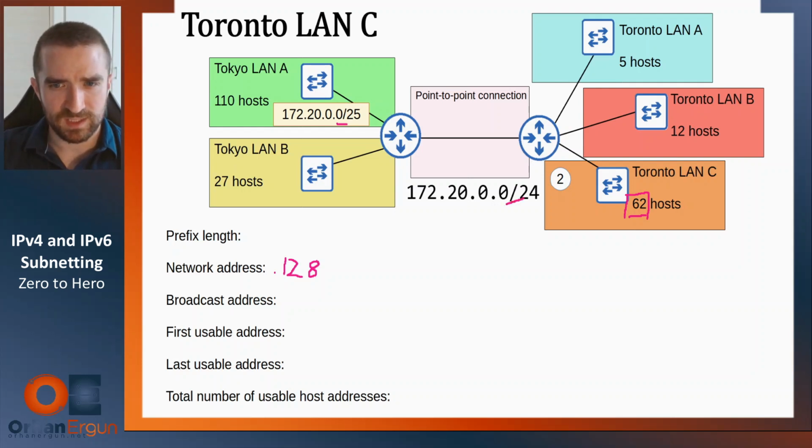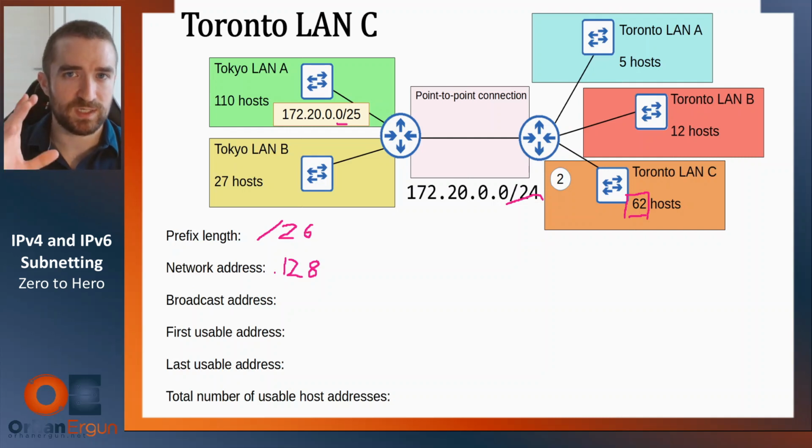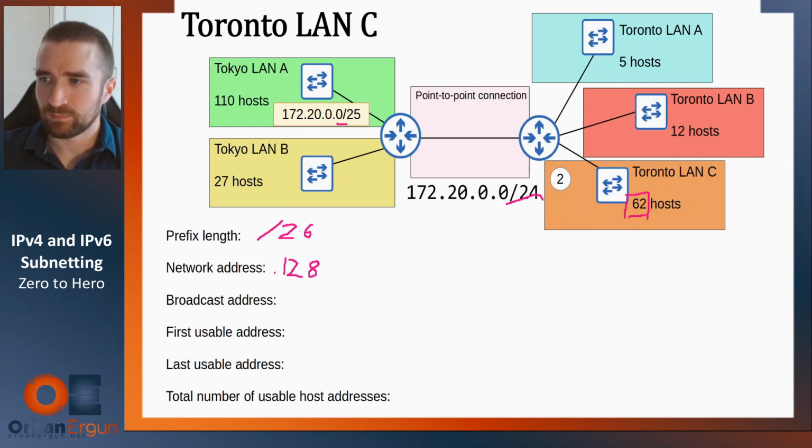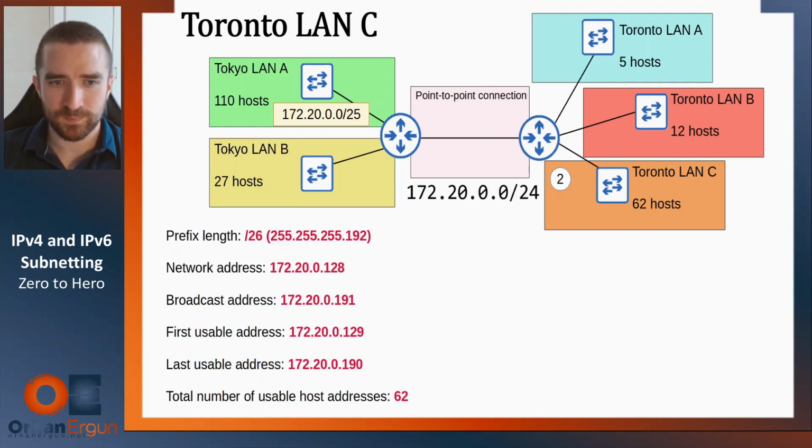So starting with a /24, if we make sure we have 6 host bits, that means the prefix length will be /26, right? 26 bits for the network portion, 6 bits for the host portion. All right, and let's check the answers. There we go.